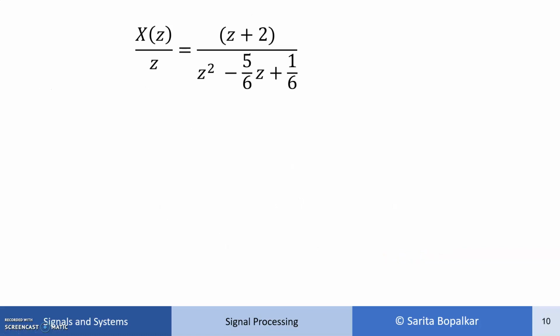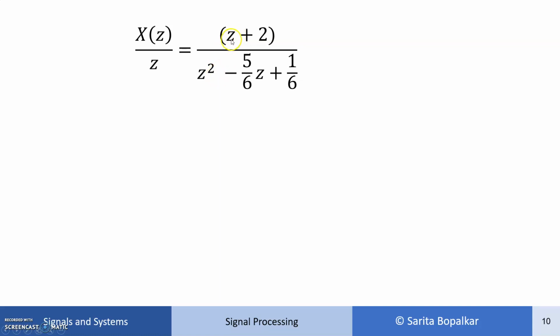Now this is our X(z) upon z. At this stage, the second step is, before applying partial fraction, we have to check whether this X(z) upon z is in proper form or not. The proper form is where the degree of the numerator polynomial is less than the degree of the denominator polynomial.